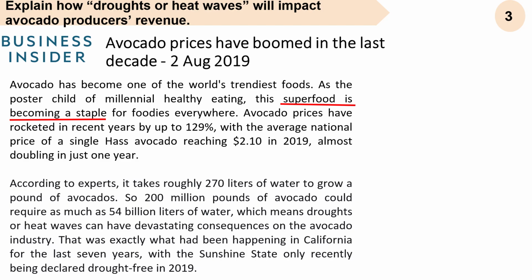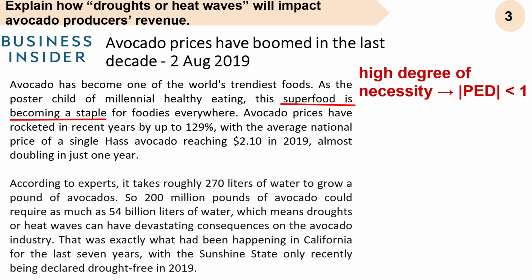So what is the PED determinant that I can use? PED determinants got availability of substitutes, got degree of necessity. Yes. There's a high degree of necessity, and therefore your PED is less than 1.